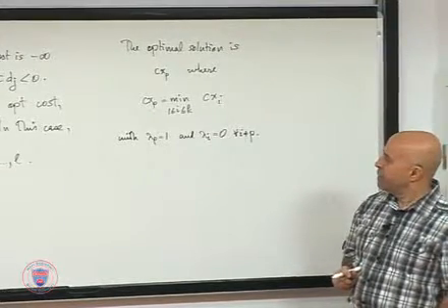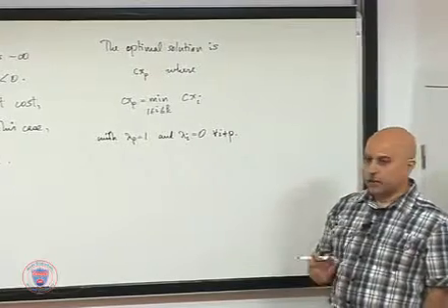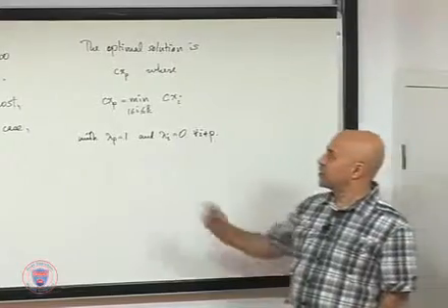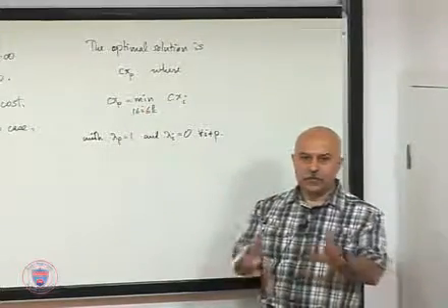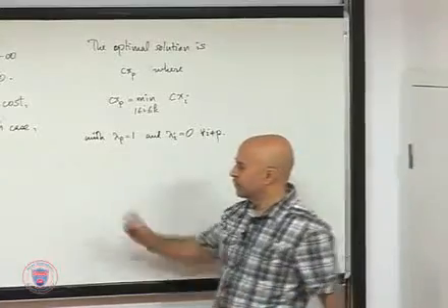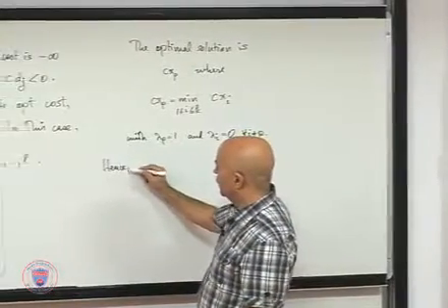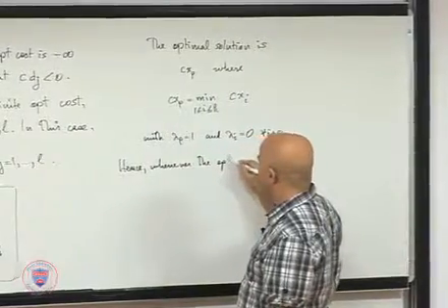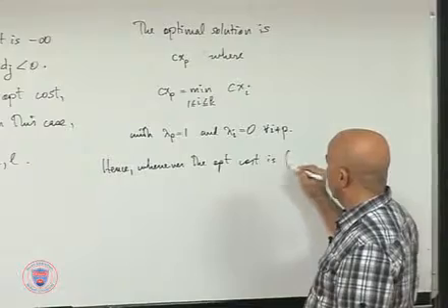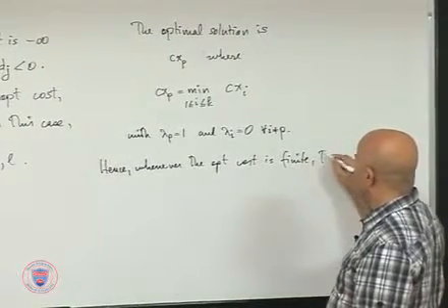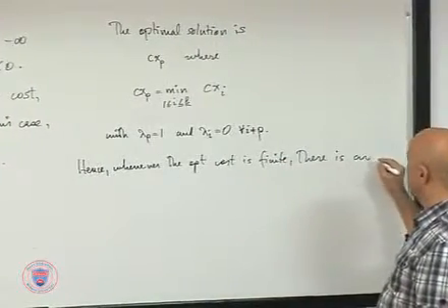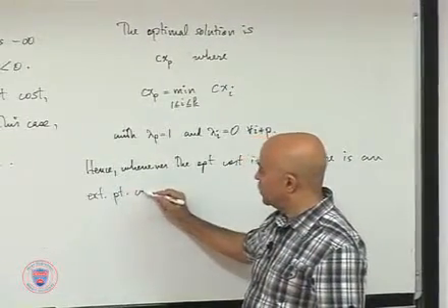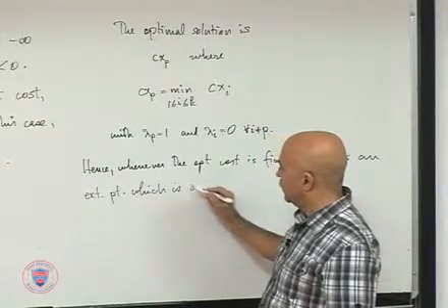So this tells you that whenever the optimal cost is finite, there is an extreme point, say xp, which achieves that optimum. There's an extreme point which is optimal.